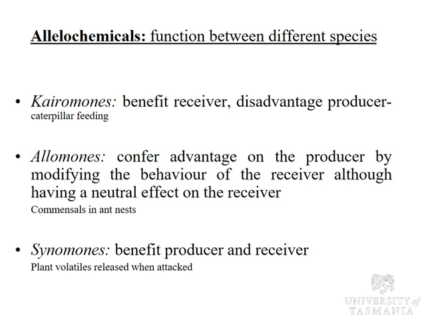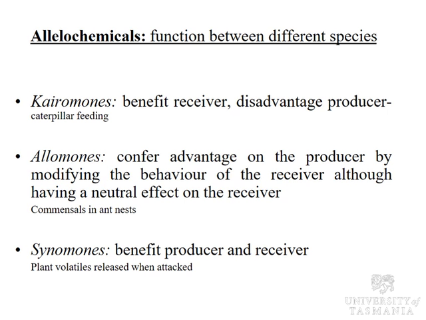So if you're a caterpillar feeding on a plant, the caterpillar feeds and produces a volatile that attracts natural enemies. So it's a kairomone for that natural enemy. It's benefiting the parasitic wasp, but it's disadvantaged the caterpillar, okay? Because the caterpillar is producing something it doesn't want.